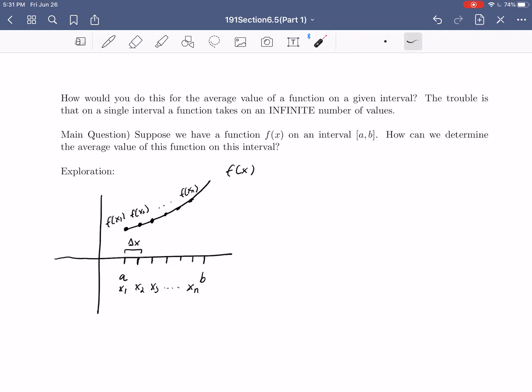Okay, so this, of course, is just a finite set of points because we're just doing an approximation where we're saying, okay, let's look at cutting the interval up into these delta x pieces. So we can get an approximation for the average value.